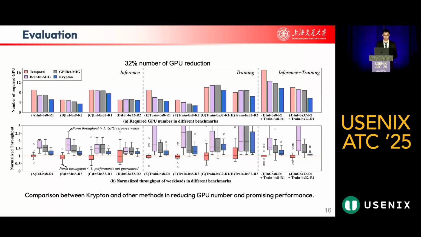In terms of throughput, 1 here means performance normalized to the target performance. If any bar is below 1, then it does not satisfy the performance target. If it's over 1, then there's an overkill. As we can see, KRYPTON tightly follows the performance target and stays slightly above 1.